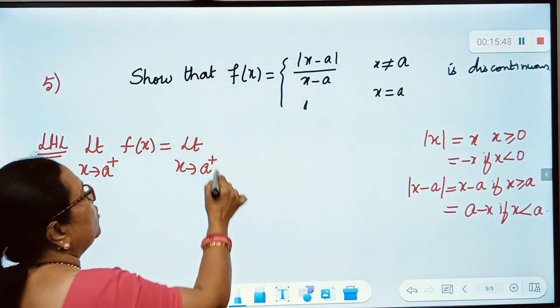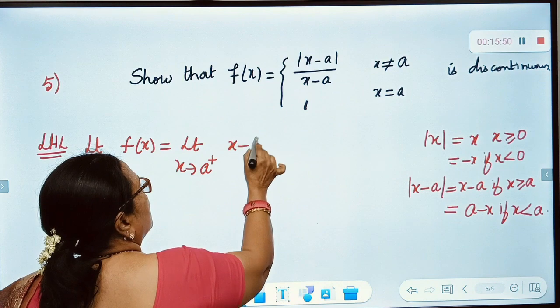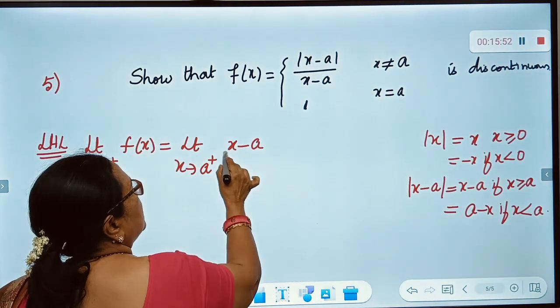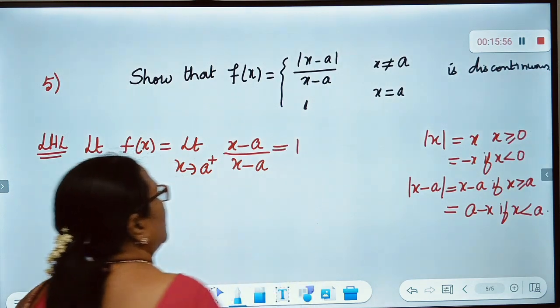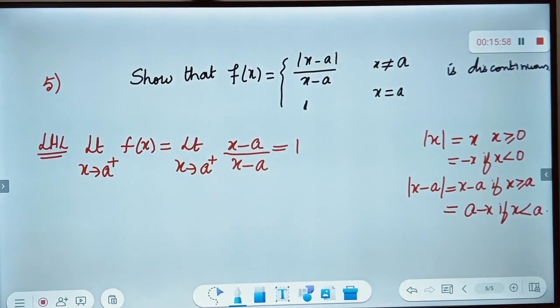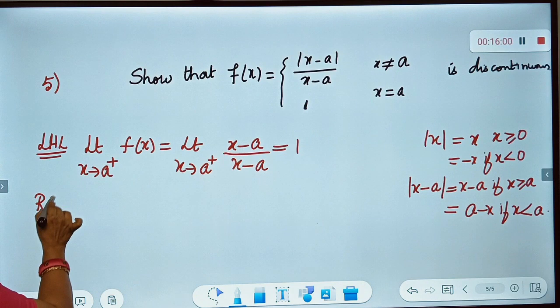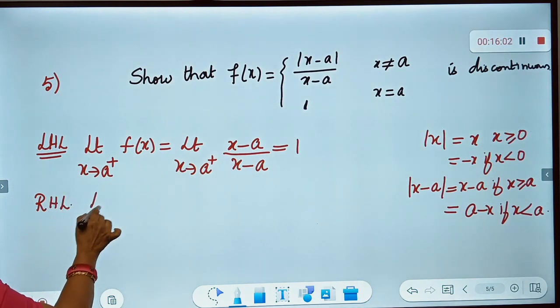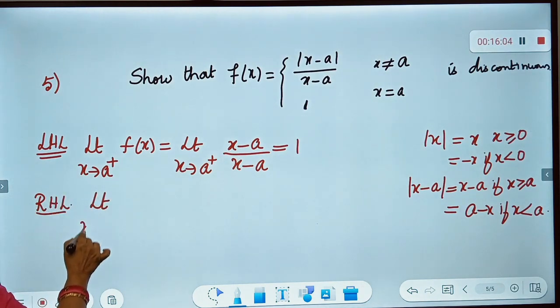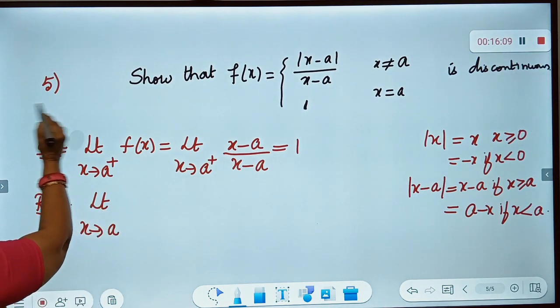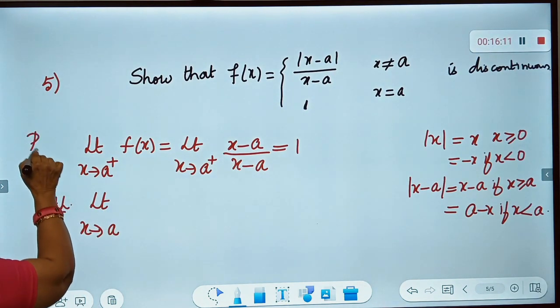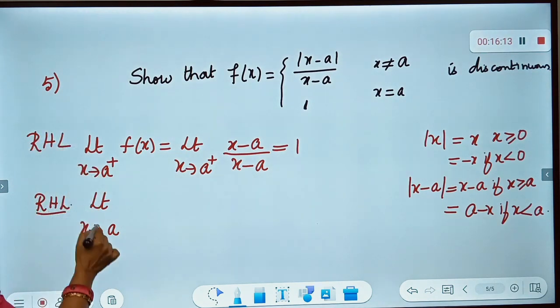When x is greater than a, what is the value of modulus of x minus a by x minus a? It is 1. Sorry, this was the right hand limit because I had written a plus.